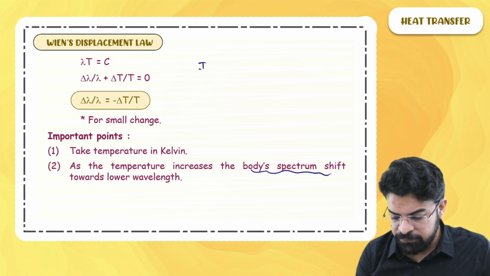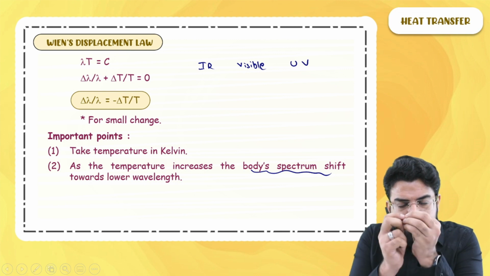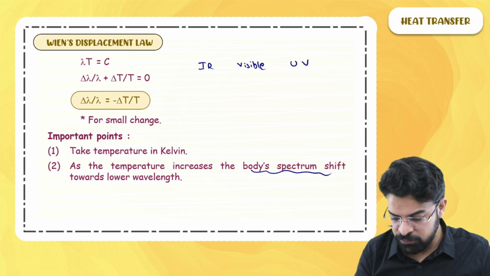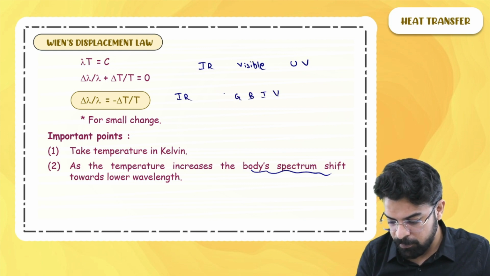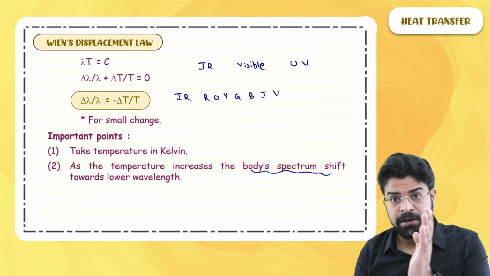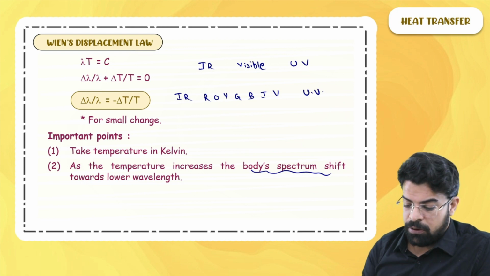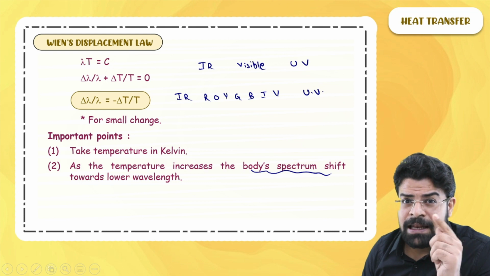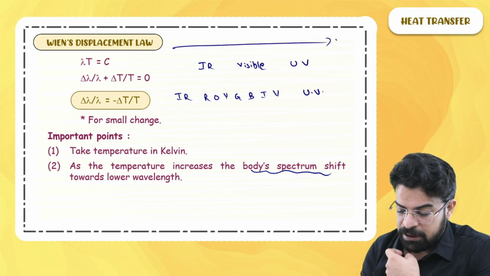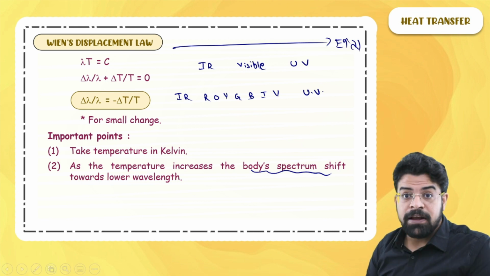We know that infrared has less energy than visible and visible has less energy than ultraviolet. Rather than writing visible, I am breaking it down into the visible colors. So we have infrared, then VIBGYOR, and then, with more energy than violet, ultraviolet. Now, when I say that on heating the object the temperature increases, the lambda decreases. Going from left to right, the energy increases, the lambda decreases. So the spectrum shifts towards lower wavelength.